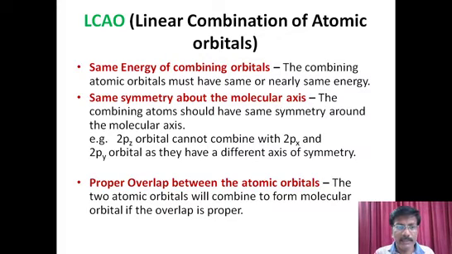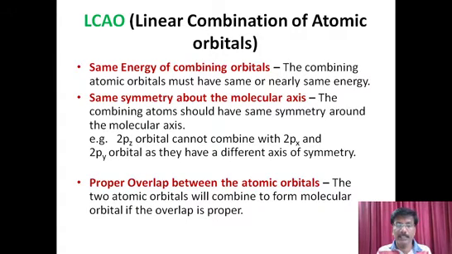Another point is the same symmetry about the molecular axis. That is, the symmetry axis of the atomic orbital which is combining with another atomic orbital must be the same. Otherwise, what happens?